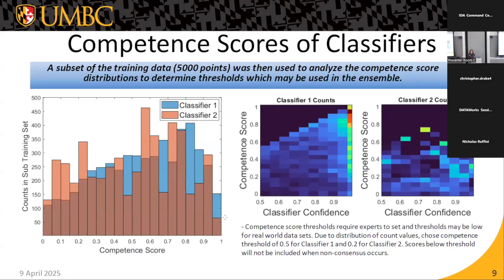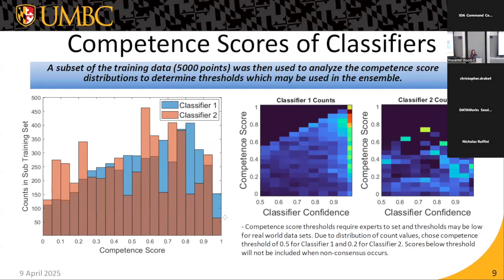So now this is where we come down to the competence scores. I said that was part of the approach. To understand appropriate thresholds for the competence scores, I took a subset of the training data set, 5,000 points, and used that to determine what appropriate thresholds to use in the ensemble.